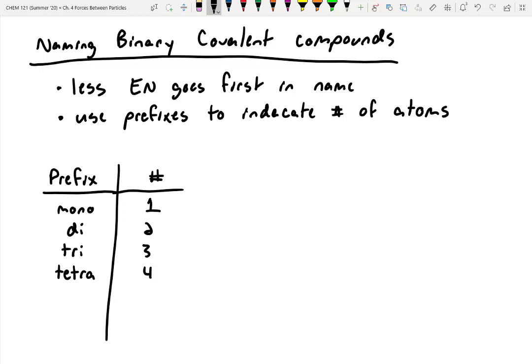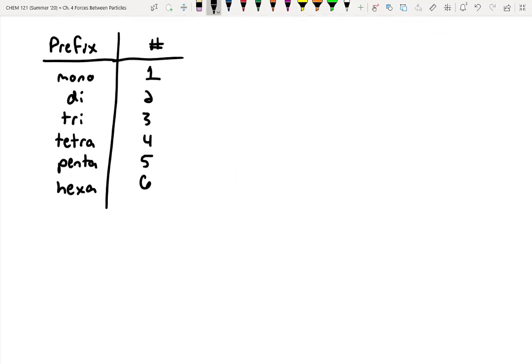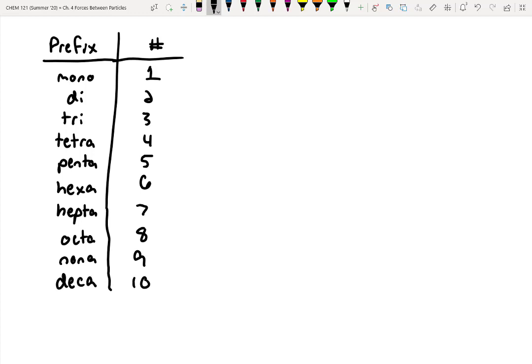I see a lot of students try to use quad. 5 is penta. 6 is hexa. We'll just keep going all the way to 10. There's more than that, but we're going to stop at 10. 7 is hepta. 8 is octa. 9 is nona. And 10 is deca.